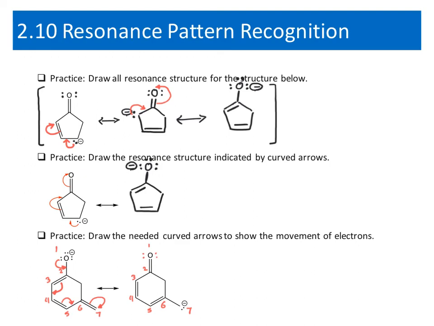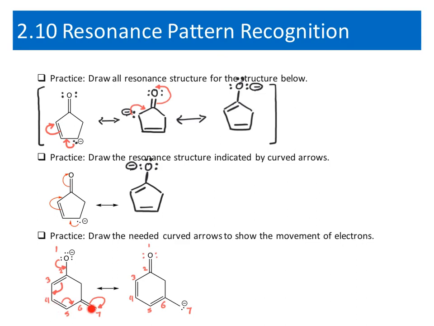Another important thing I would like to mention about this structure is you may ask why we don't push the electrons in the reverse pathway, meaning why we don't start from here to push the pi bonds here and then this pi bond here.